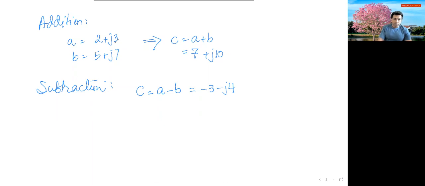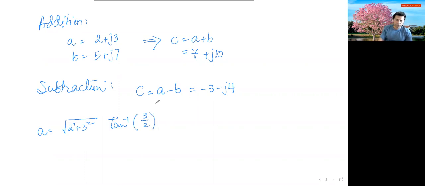So if 2 plus j3 is represented in polar form and 5 plus j7 is represented in polar form, let's say A is 2 plus j3, the magnitude of that in polar form is going to be the square root of 2 squared plus 3 squared. And the phase of that is going to be tangent inverse of 3 over 2, right?